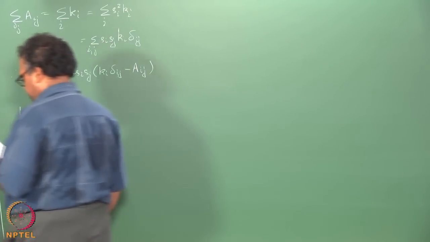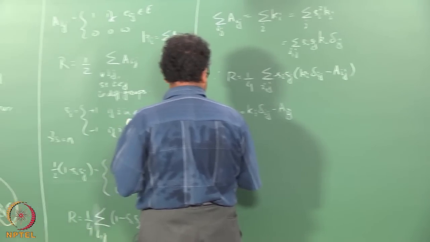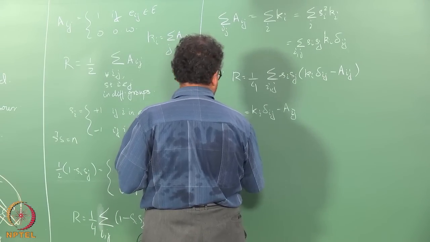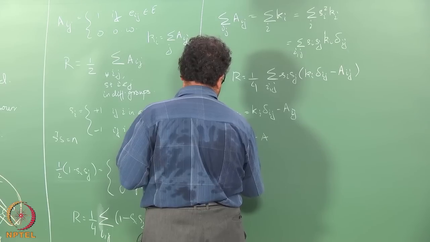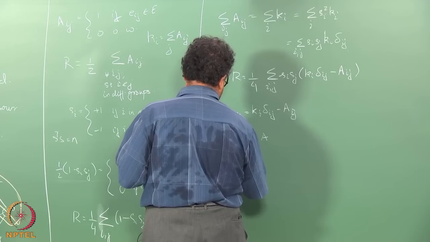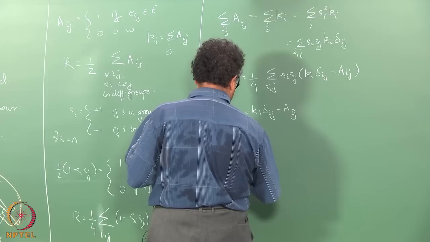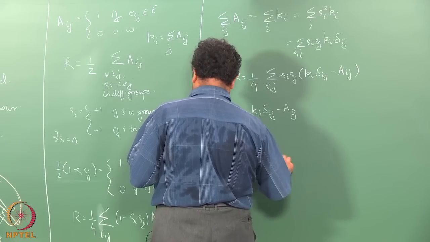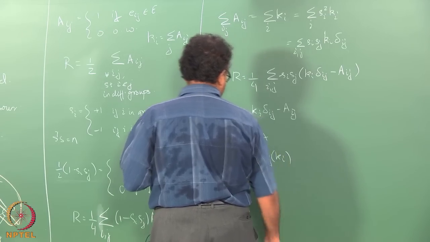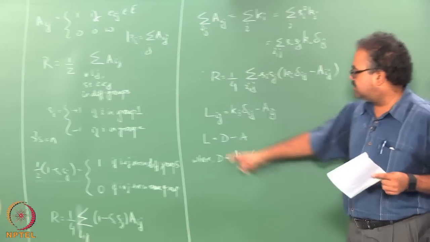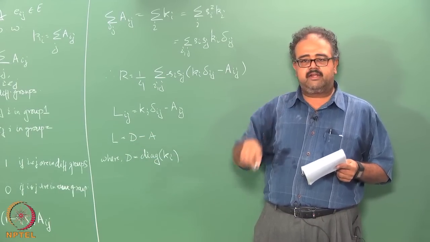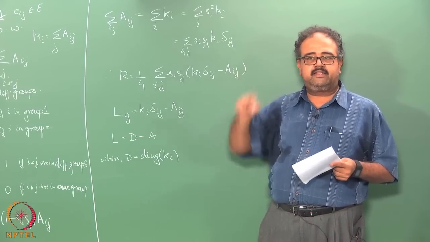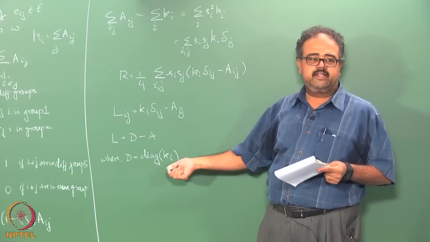So if you think about it, I can write this as D minus A, where D is a diagonal matrix, where the ith entry in the diagonal is the degree of node i.